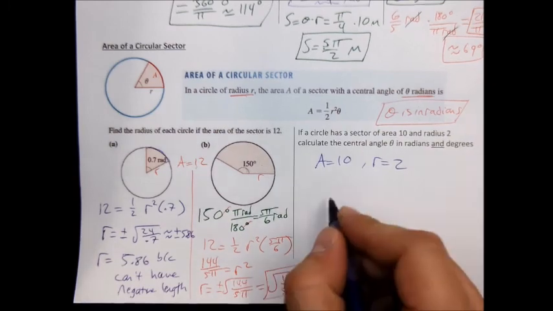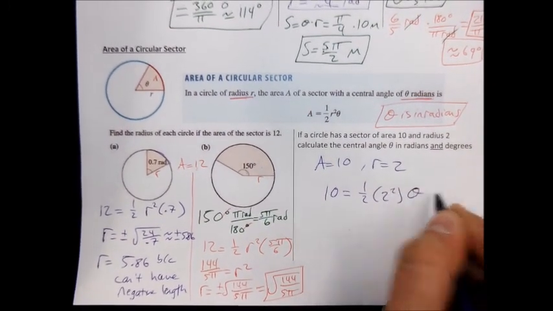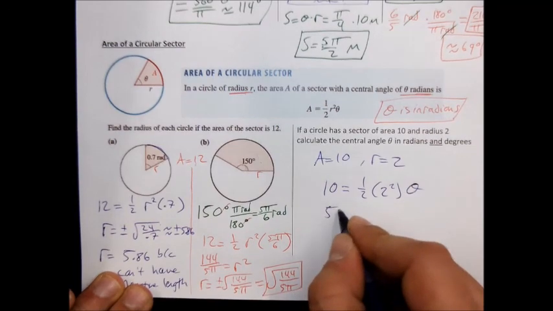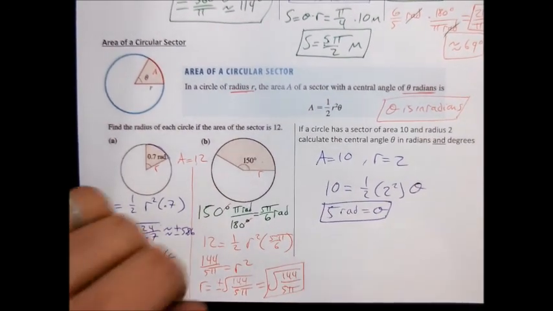Anyway, let's look at this one. We plug these in and get 10 equals 1/2 times 2 squared times theta. When we solve that, we get 20, then divide by 4, so 5 radians equals theta.